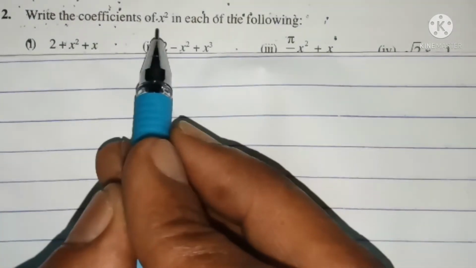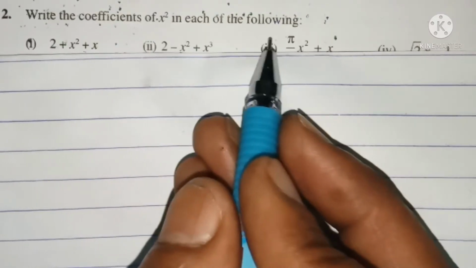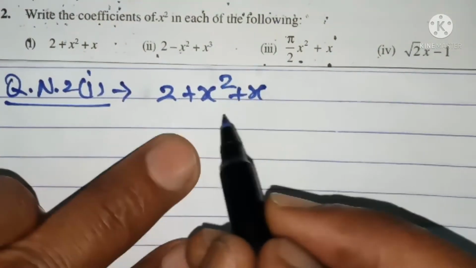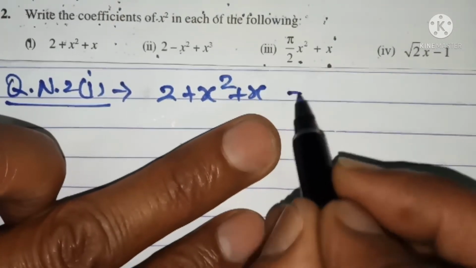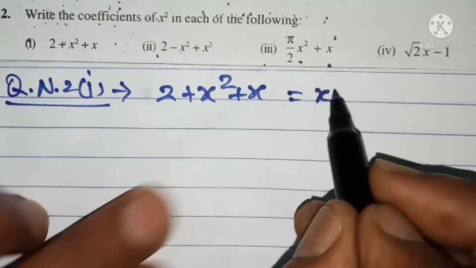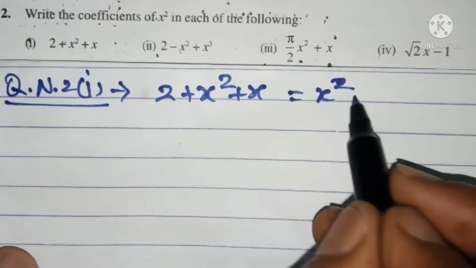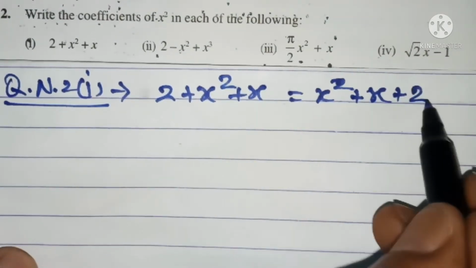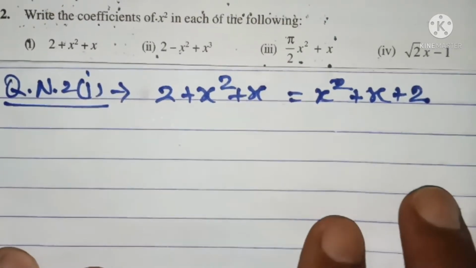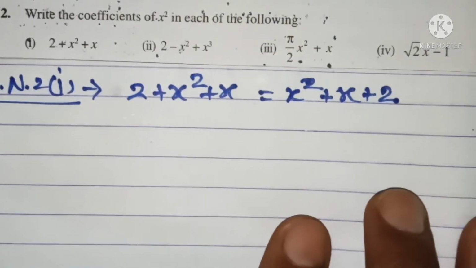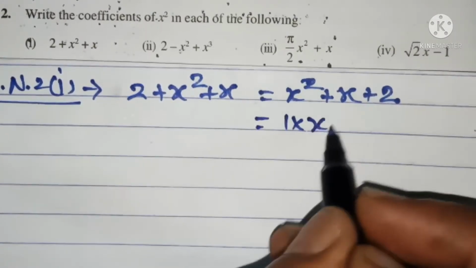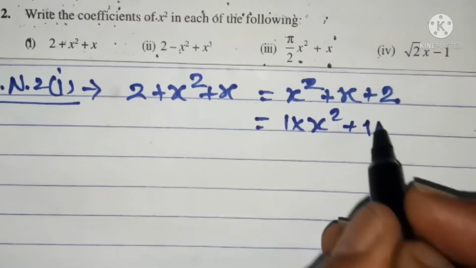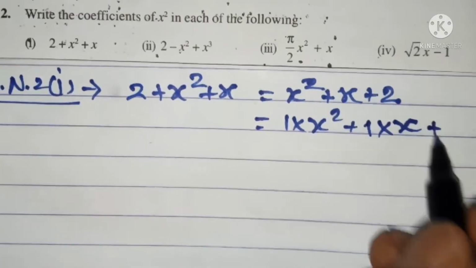Question number 2. Write the coefficient of x square in each of the following. The given problem is 2 plus x square plus x. We can write it as x to the power 2 plus x plus 2, in decreasing order of the powers of the variable. Again, it can be written as 1 into x to the power 2 plus 1 into x plus 2.